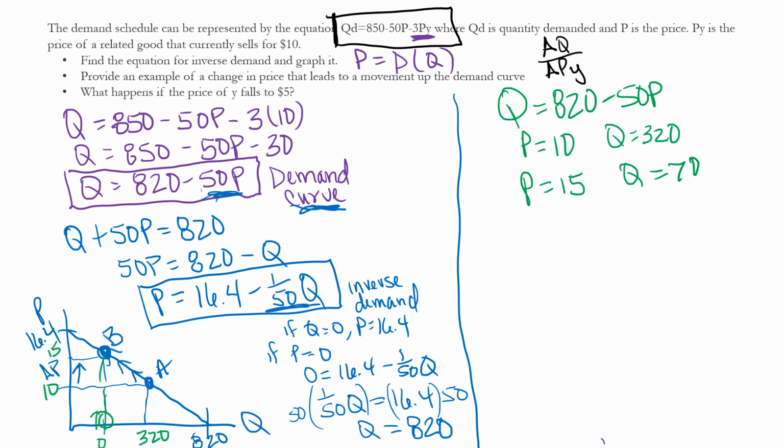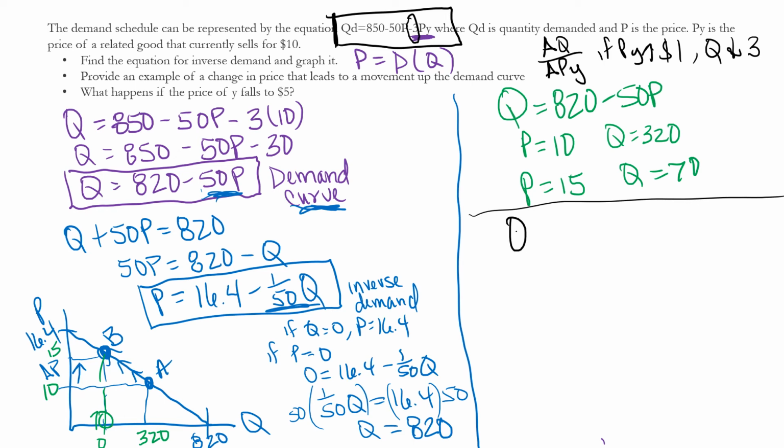So what this -3 tells me is that if PY goes up by $1, then my quantity is going to fall by 3. So PY went down by $5. I would expect my quantity to go up by 15. But we can verify whether that's true by starting at the beginning and plugging in our new value.